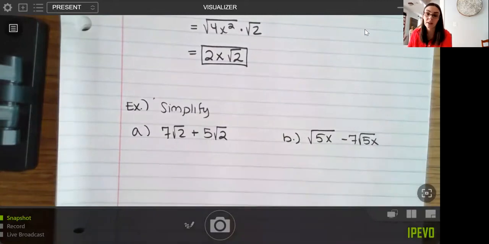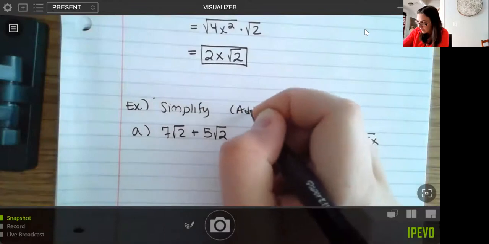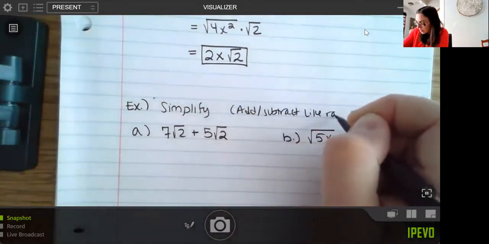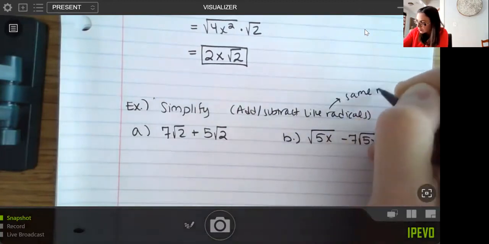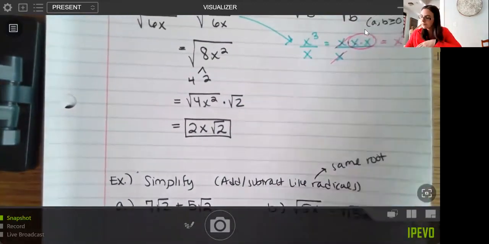We add or subtract like terms, we add or subtract like radicals. So like radicals would mean that you have the same exact root, the same kind of root and the same thing underneath the root as well.